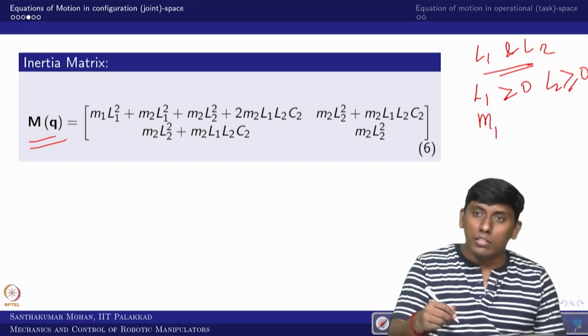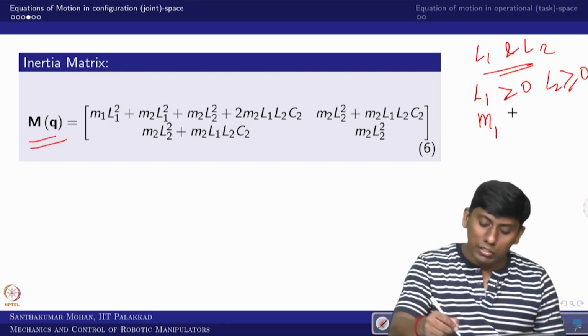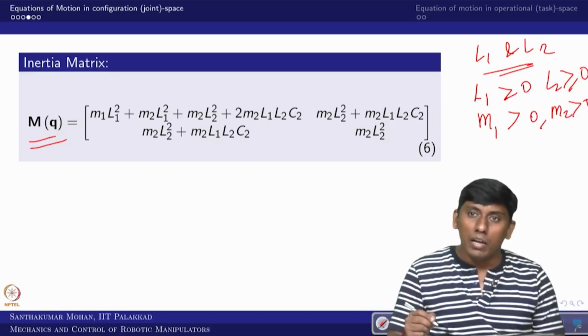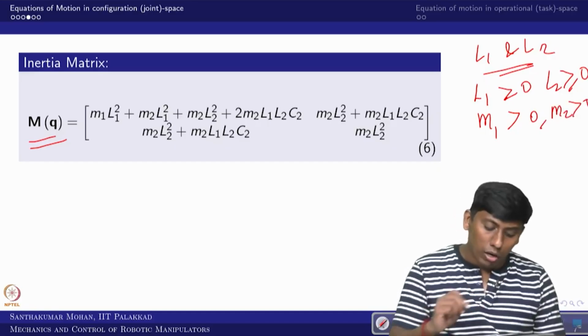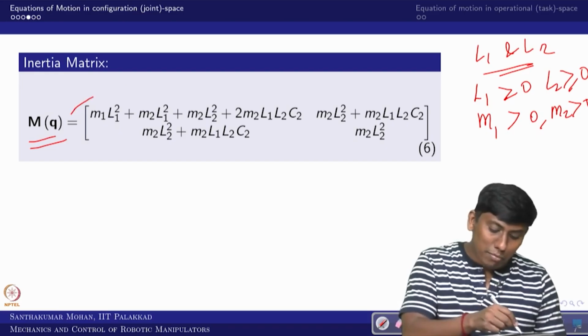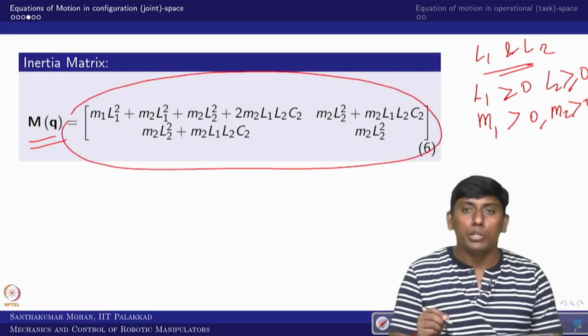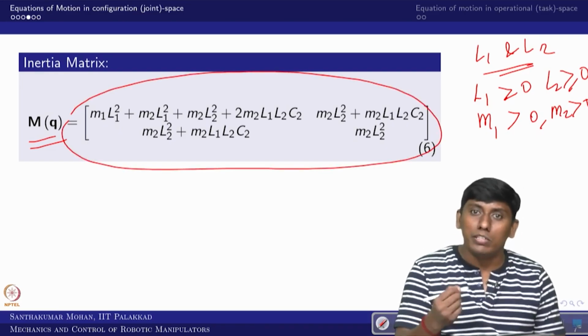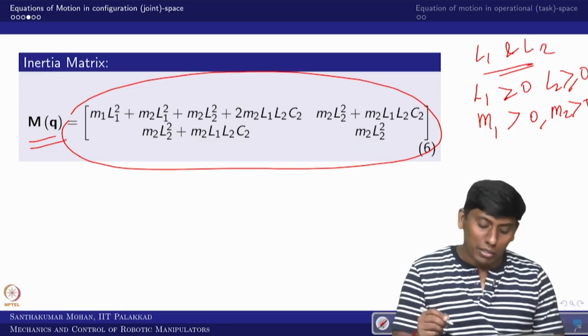If you have a link, that cannot be 0, in the sense M1 greater than 0 and M2 also greater than 0, and you substitute all these. So what one can see is this matrix is definitely going to be positive definite, which we will see in the numerical simulation side.